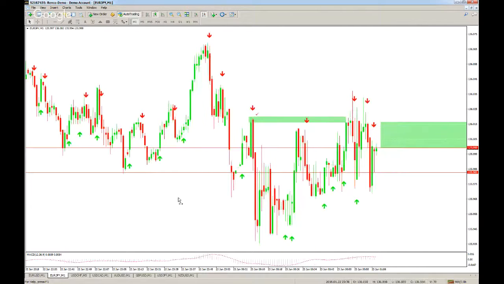Okay, let's look at the Euro Yen. Euro Yen as well, we are experiencing this consolidation.